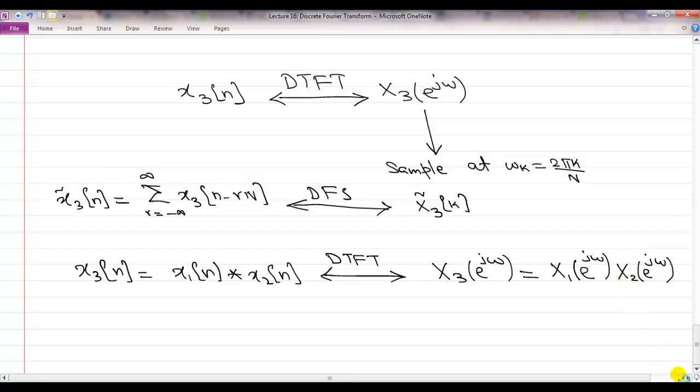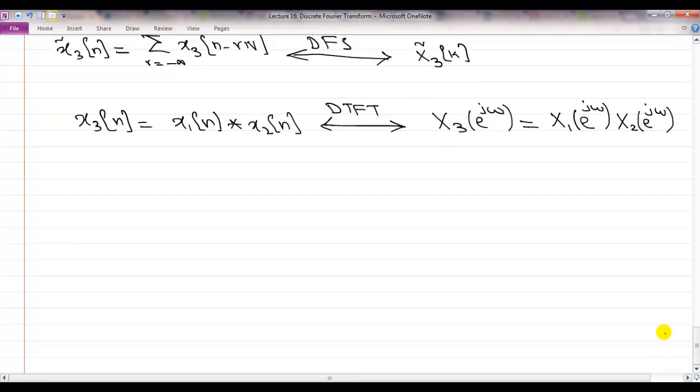So far we haven't done anything too difficult. We have just related the old knowledge. Now we sample this x3 e to the j omega, take a total of n samples, at omega k equals 2 pi k over n. What do we get?